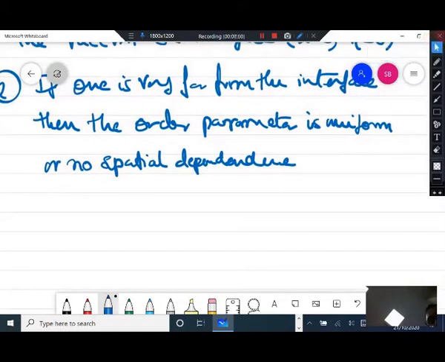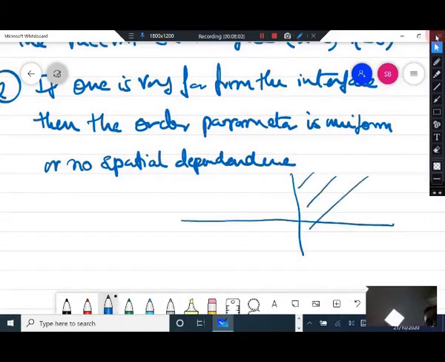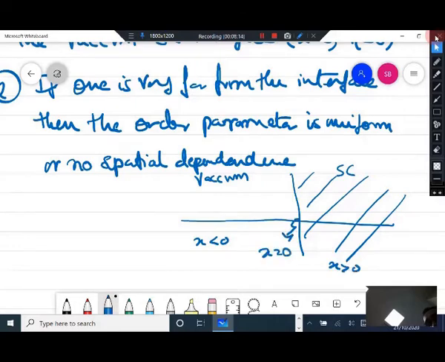Namely, this is the superconducting side, this is your vacuum side, x less than 0, x greater than 0, x equal to 0. If you're very far from the interface, then we take that the order parameter is flat.